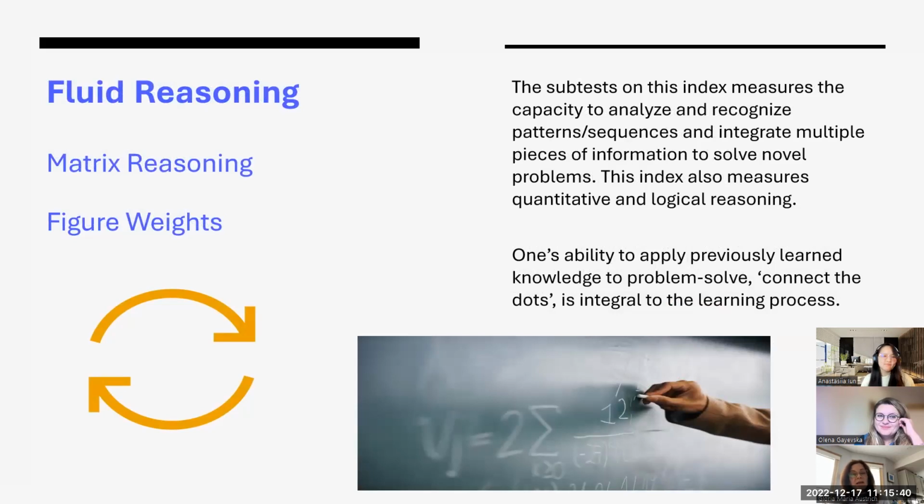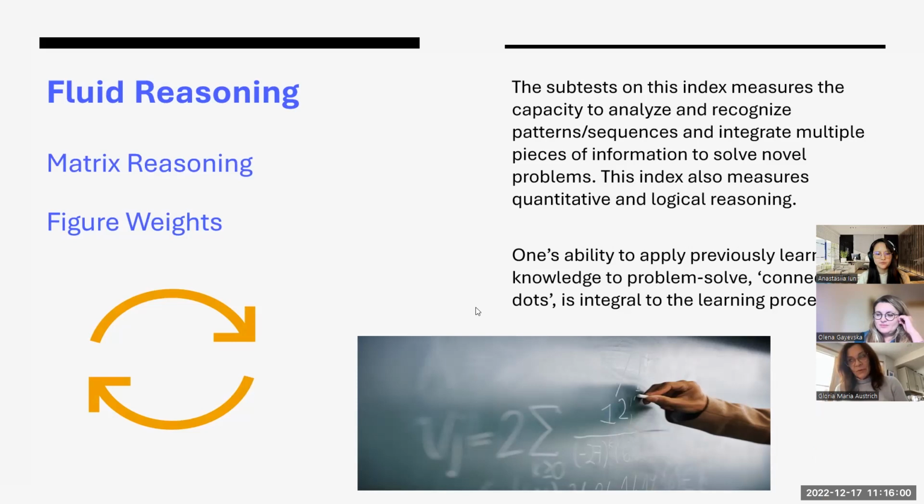Okay, so this is the last area of reasoning as measured by the Wechsler assessments. Matrix reasoning is one subtest and figure weights is the other. And this, to me, really encapsulates what is measured in the Carroll framework in terms of being able to analyze and use logic and then apply that.